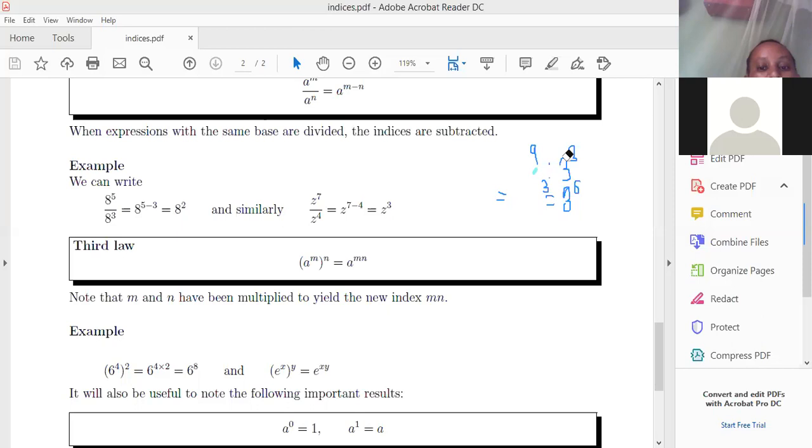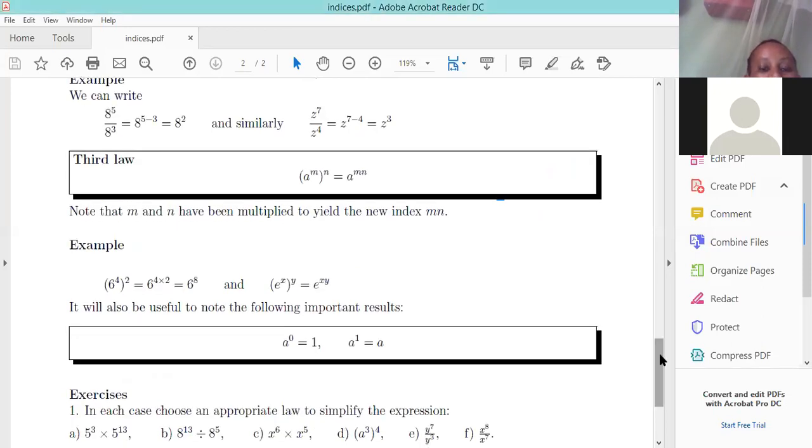A good example, we have here 6, which is raised to the power of 4, and again raised to the power of 2. So what do we do? We open up by multiplying the powers first, which would be 4 times 2 to give us 8, but we still retain the same base.